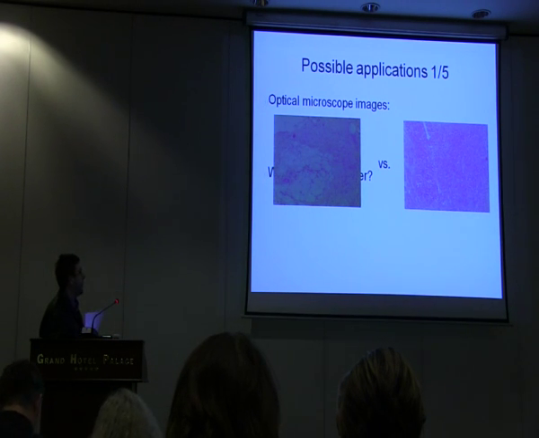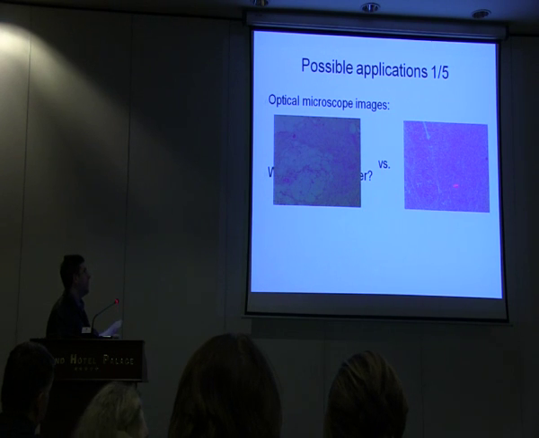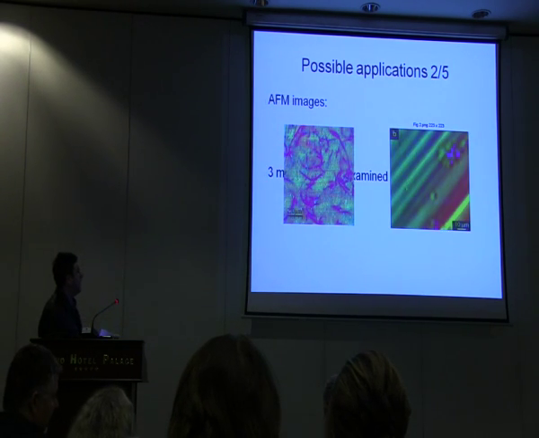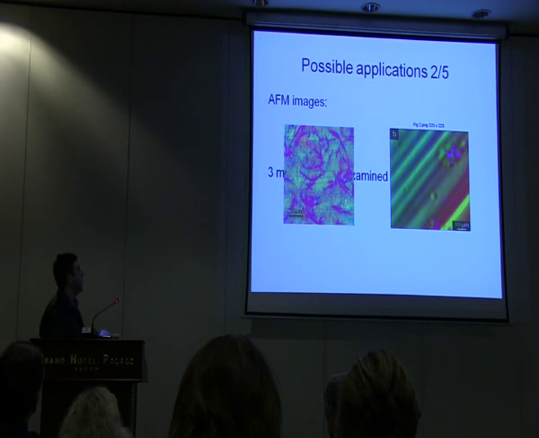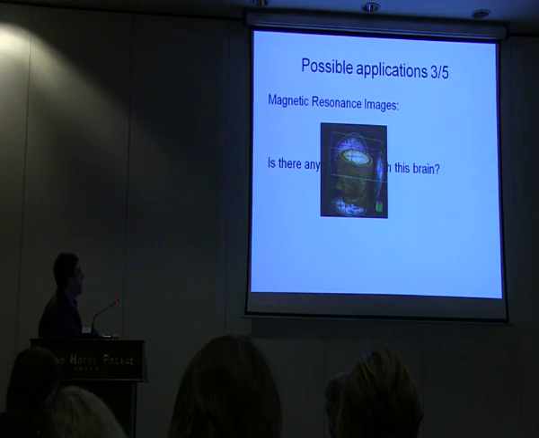For instance, when we have images from optical microscopes, we could use those methods to see which of the two images is of a brain cell that has cancer. Alternatively, we could use an atomic force microscope to image materials and derive images from those and analyze them.